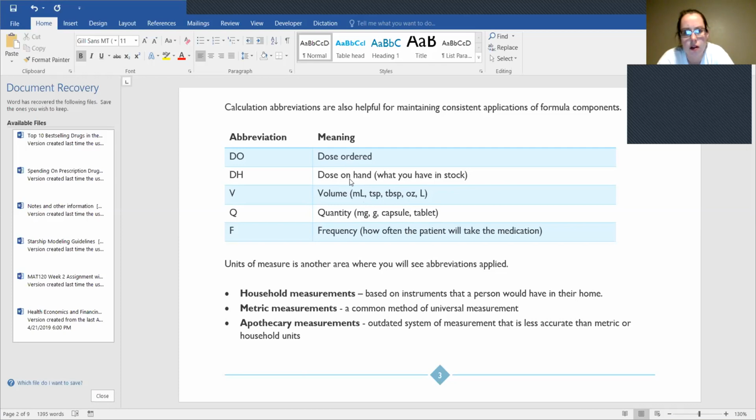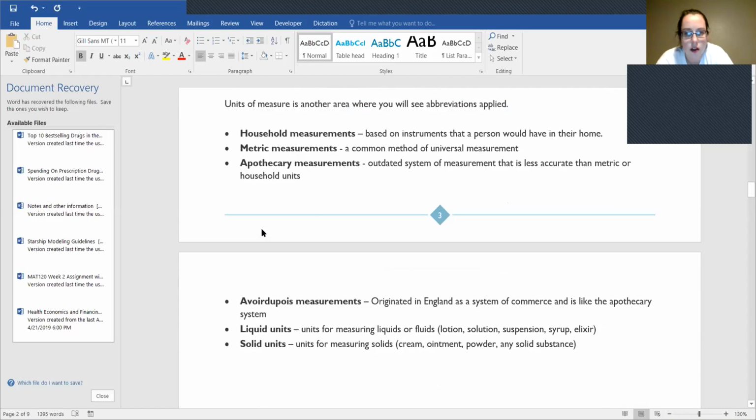When we get into dosing by weight and other things, we'll talk about some times when it gets a little more complicated, but not much. So frequency is just basically how often they'll take it. We use that as something that we will write onto instructions.